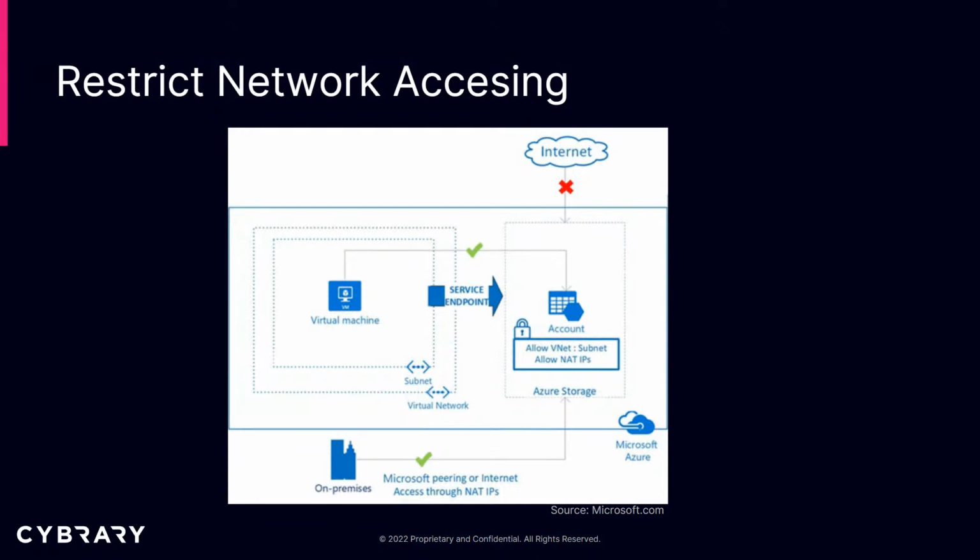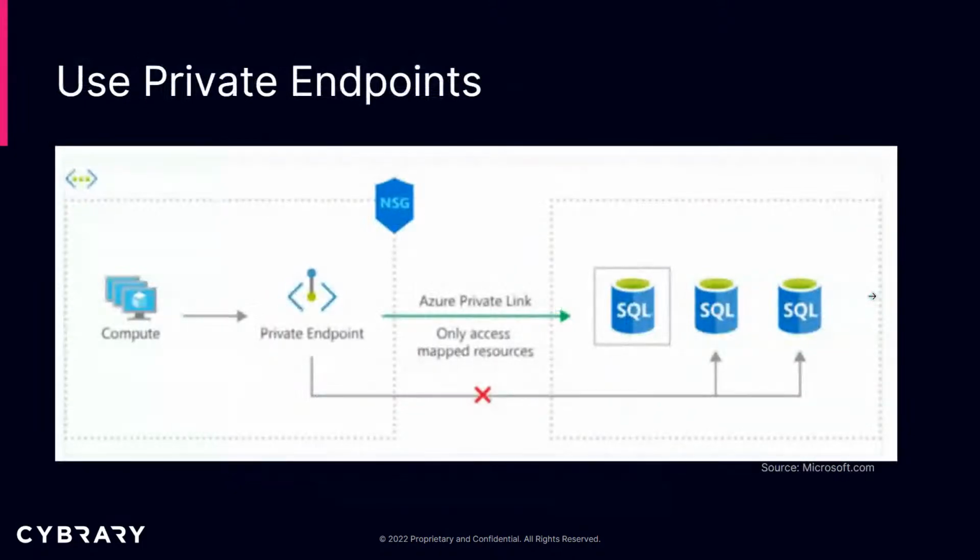And from your on-premise environment, you can just use network address translation or NAT IPs to access the data instead of trying to access data from the internet. So that is how you can restrict your access.